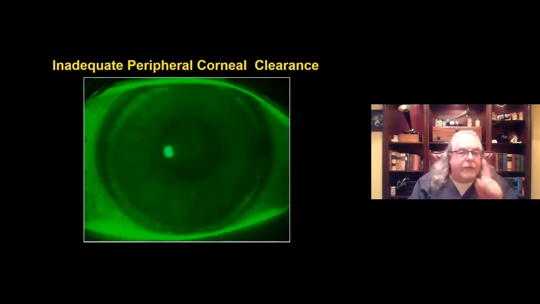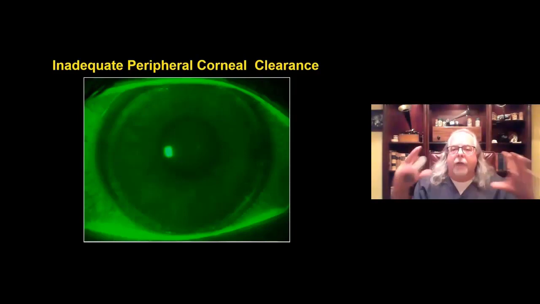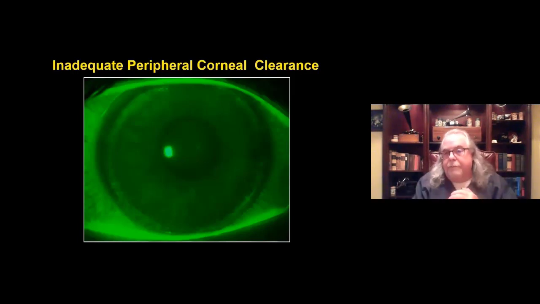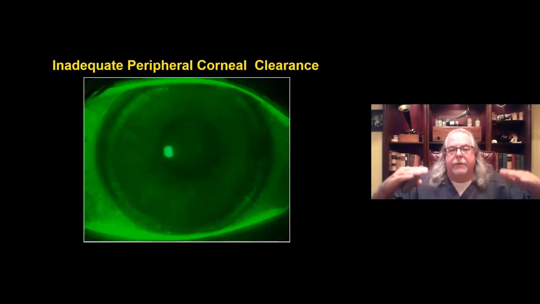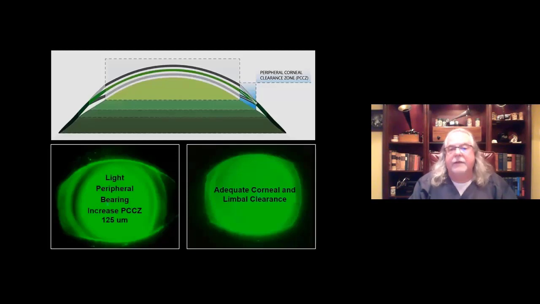Now, we're going to see this most, believe it or not, with corneas of larger diameter. In those larger diameter corneas, greater than 12 millimeters, we frequently have to lift that peripheral corneal clearance zone to create the desired clearance. Well, this is what it looks like.